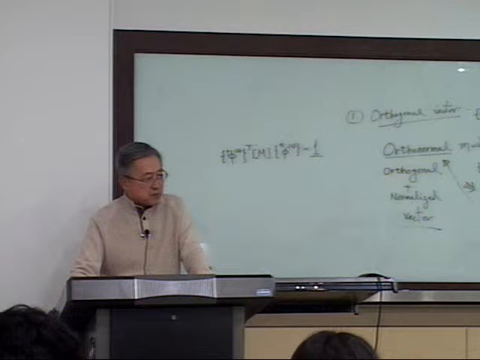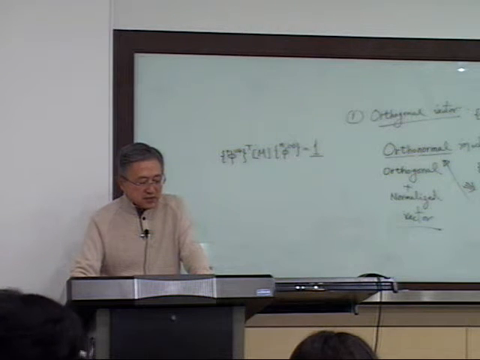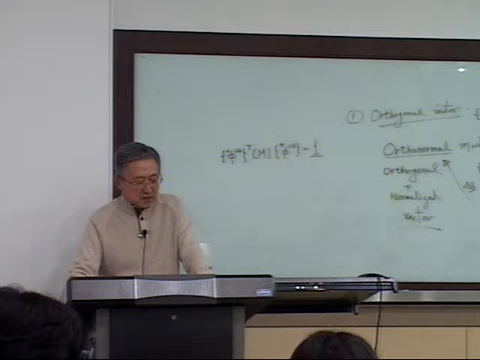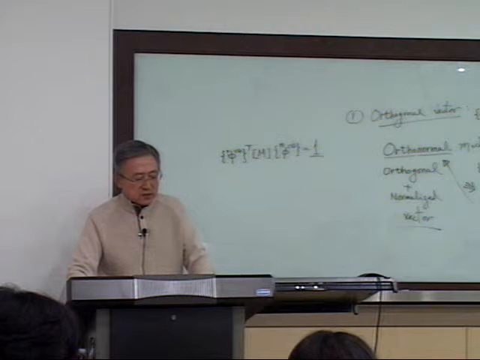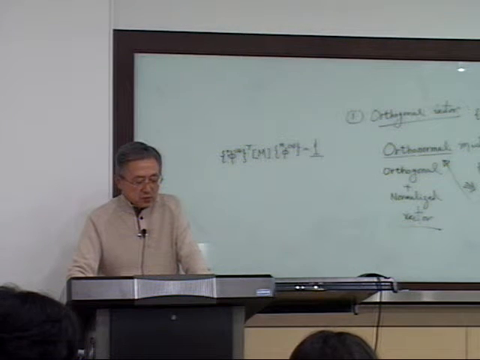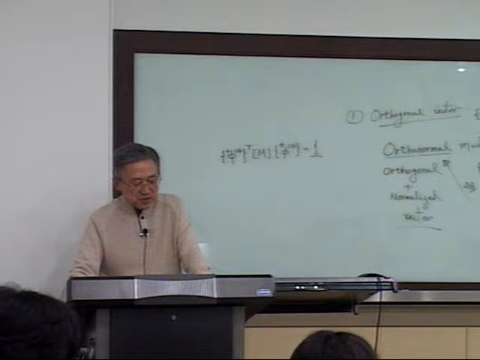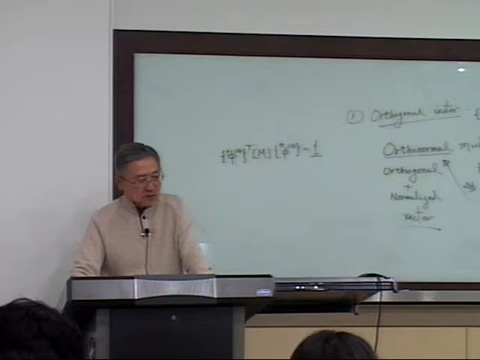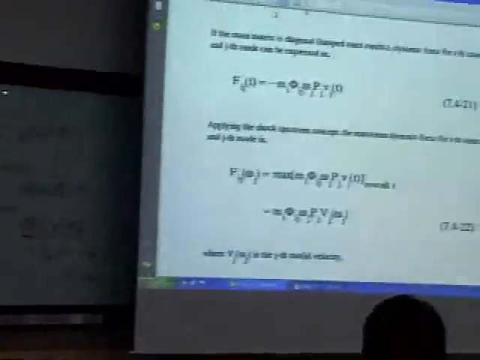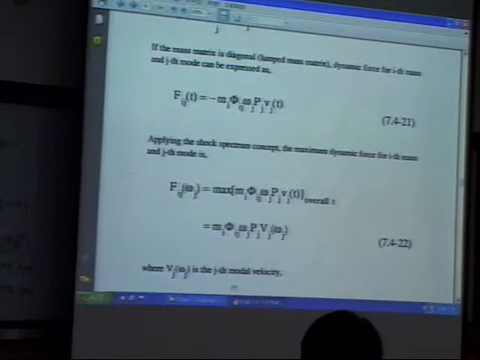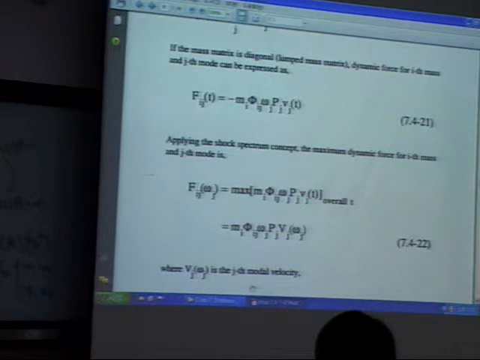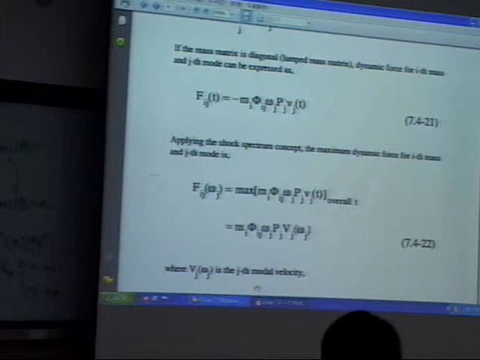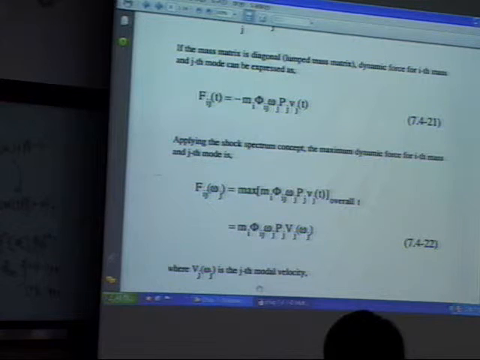But when you take the max over all t, then it's free. It's no longer a time domain function, but it's dependent on the mode, omega j. So over here, omega j times v j, I can say that's equal to A j. A is acceleration. You remember in shock spectra, omega times velocity is acceleration, right?